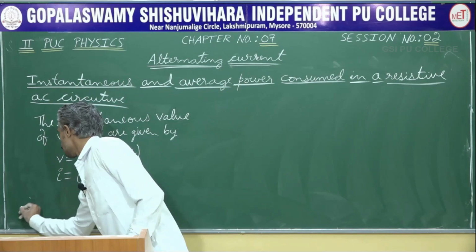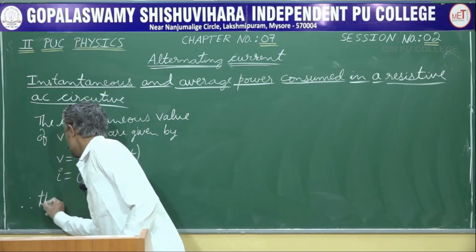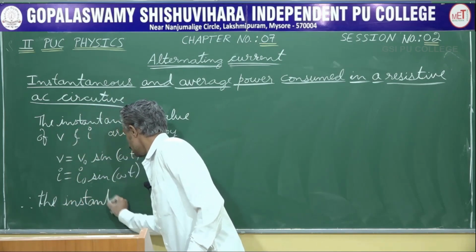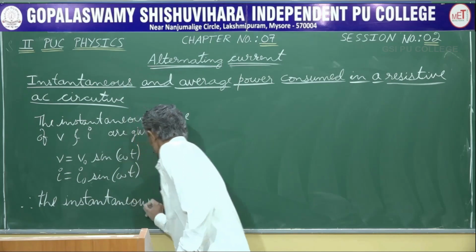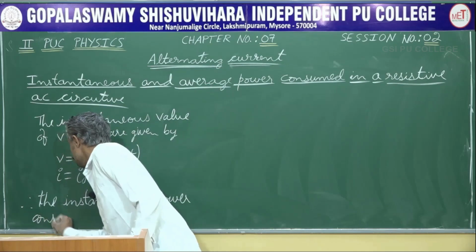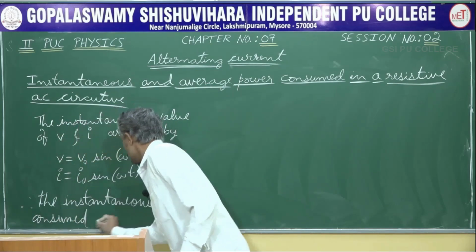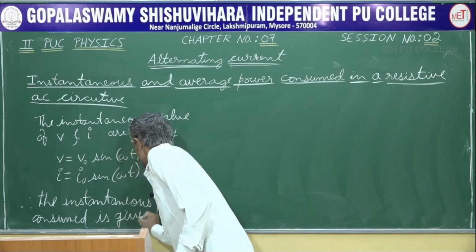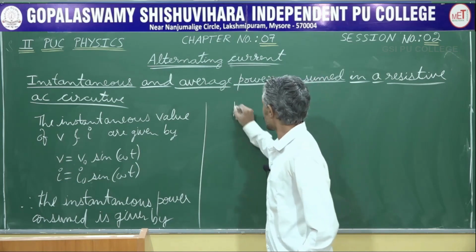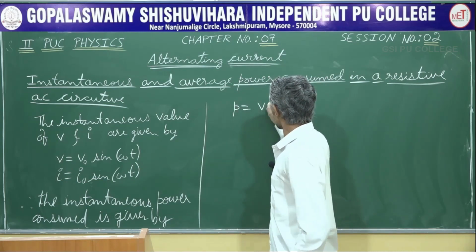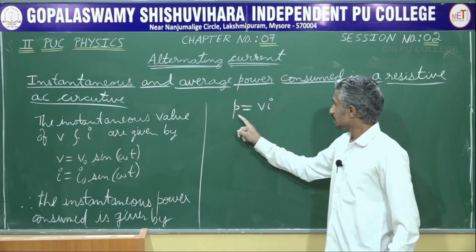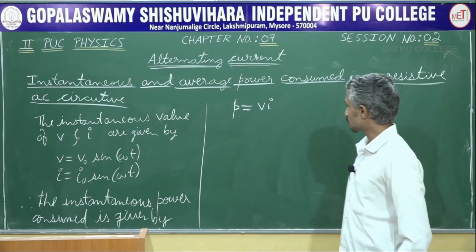So, therefore, the instantaneous power consumed in the circuit is given by, as you had studied in chapter 2, the power is given by voltage into current, V into I. Here in this case for AC, I am taking the symbol as small p for instantaneous power.